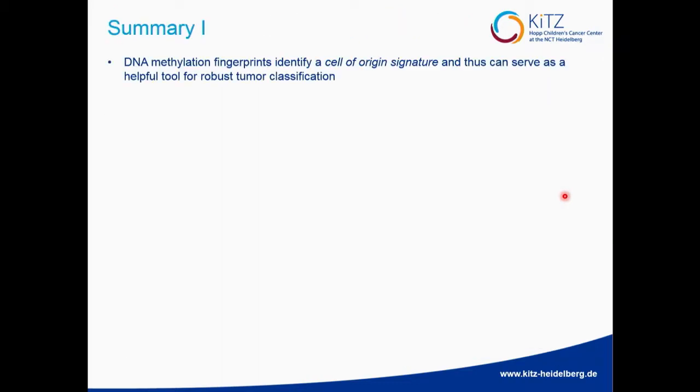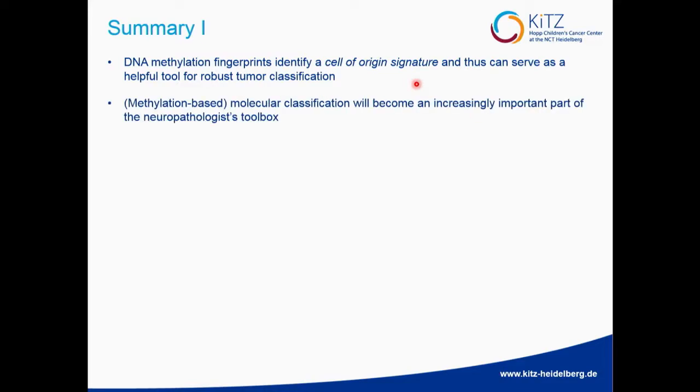So with this, I want to summarize the first part and just hope that I could convince you that these DNA methylation fingerprints can serve as a cell of origin signature and therefore be very useful for tumor classification. We are confident that this is a tool that becomes more and more available to different neuropathologists, and we have actually contracted to share the software with about 10 different large sites across the world.